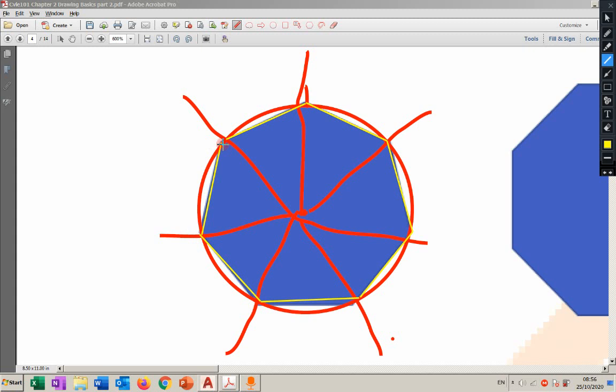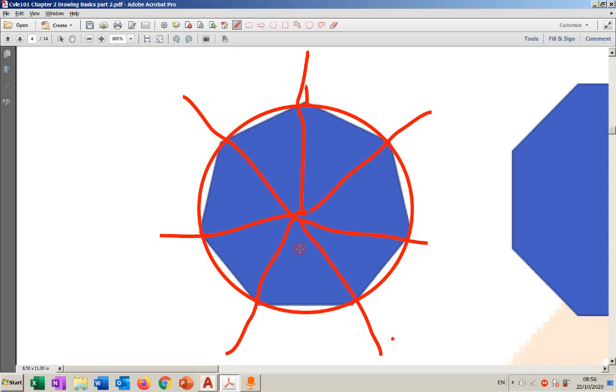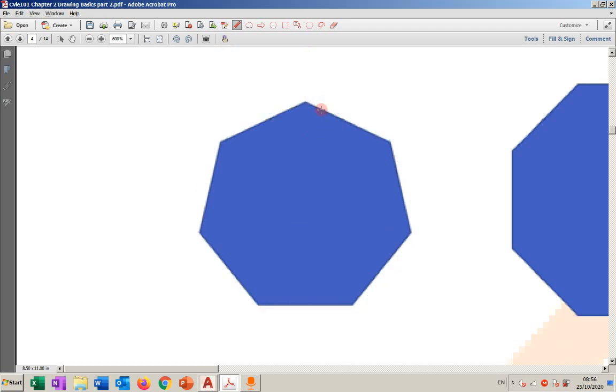Well, AutoCAD uses the same technique, using a circle to draw the polygon. I'm not going to go into detail here, I'm going to go into detail in AutoCAD.